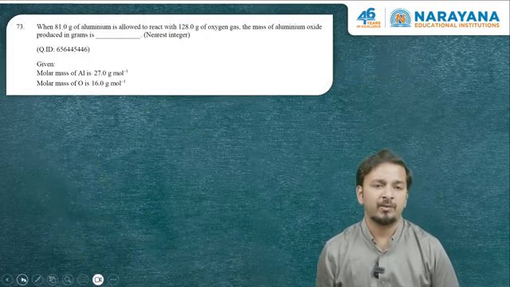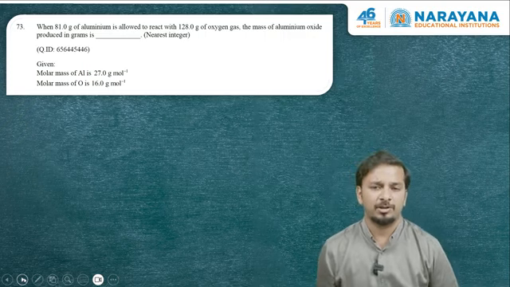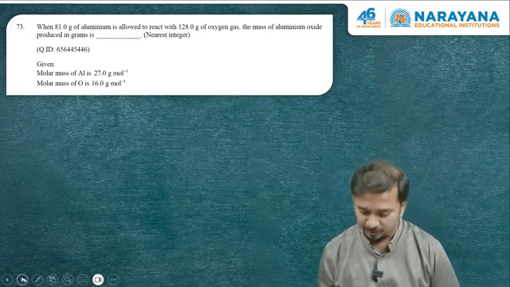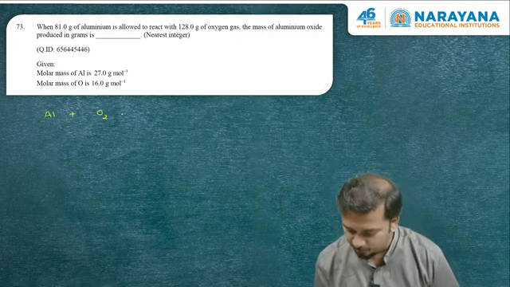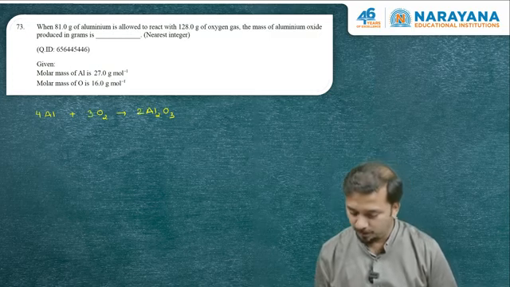Next question is when 81 gram of aluminum is allowed to react with 128 gram of oxygen gas, the mass of aluminum oxide produced in grams is. So, we know aluminum plus O2 will give you Al2O3. If you balance this reaction, we will get 4Al plus 3O2 gives 2Al2O3.